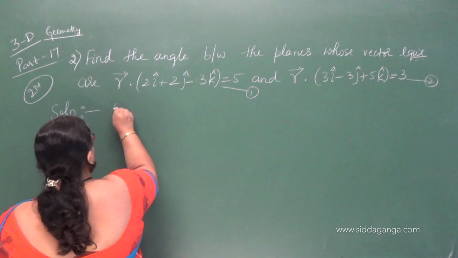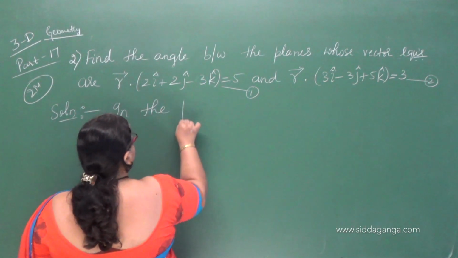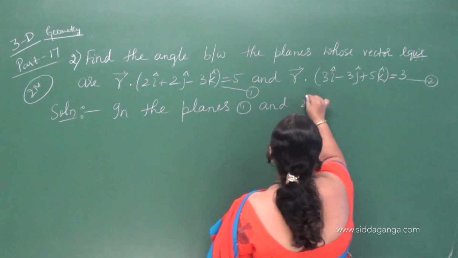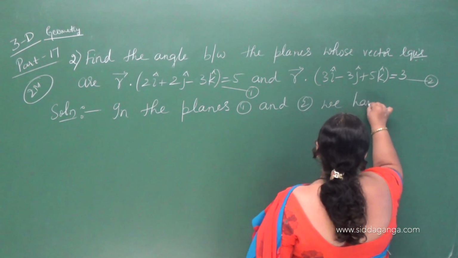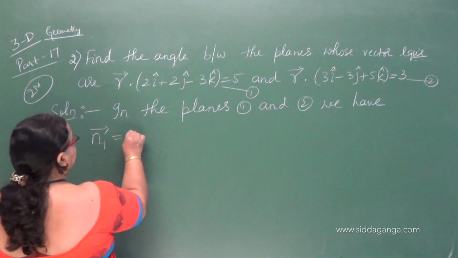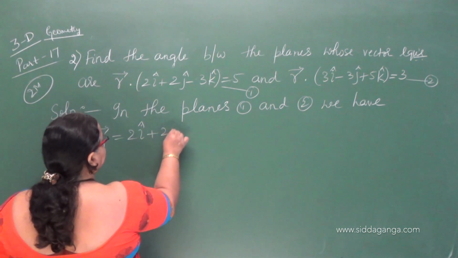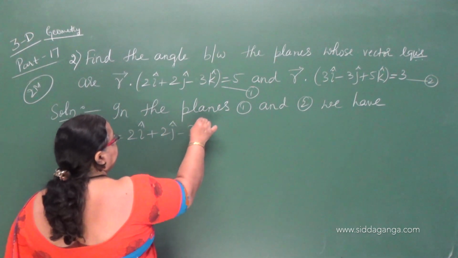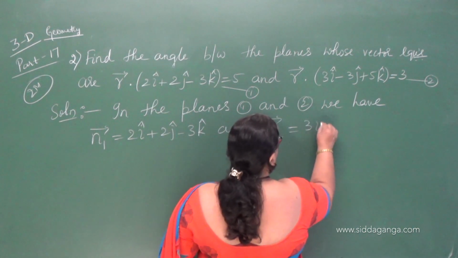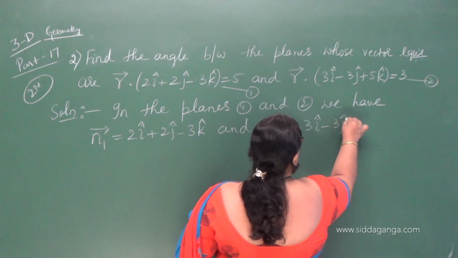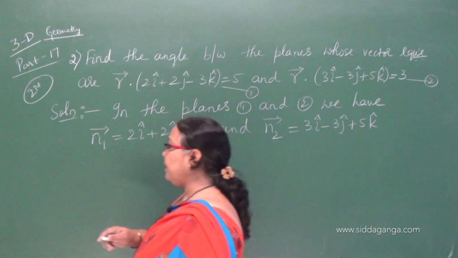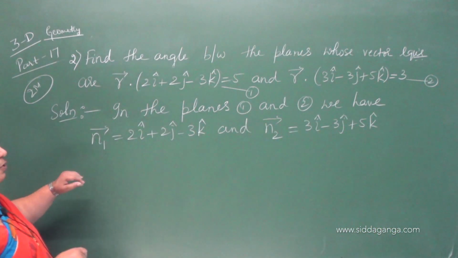So in the planes 1 and 2, we have vector n1 equal to 2i cap plus 2j cap minus 3k cap, and in the second plane we have vector n2 equal to 3i cap minus 3j cap plus 5k cap. So that is n1 vector and n2 vector.